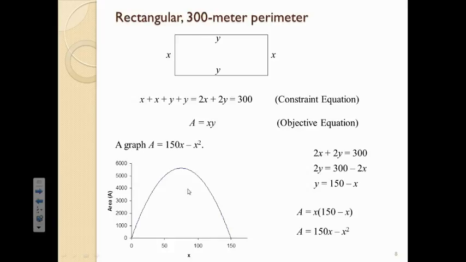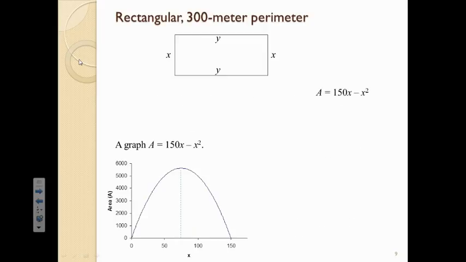We notice that if this is the area over here, and the x is, again, this dimension of the perimeter, it looks like the maximum is going to be somewhere between 70 and 80, maybe 75, and that's where it's going to be. Now, again, we don't have to graph it, but it just gives us an idea of where we're going. And in the homework, usually you don't need to graph unless they specifically ask for it, of course.